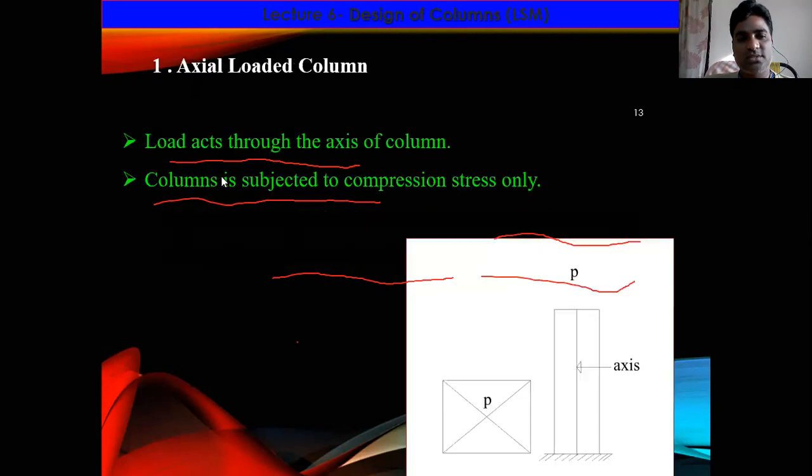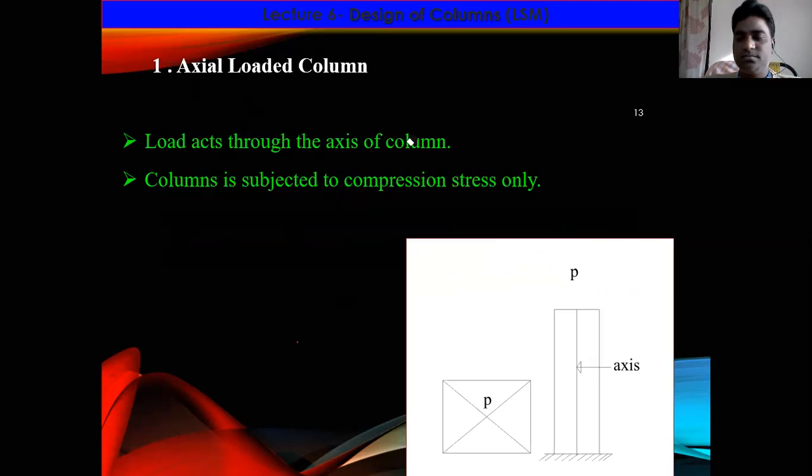What is this? If you see, this is the axially loaded column. Here, the load acts through the axis of the column. That means the load acts exactly at the centroid of the section.